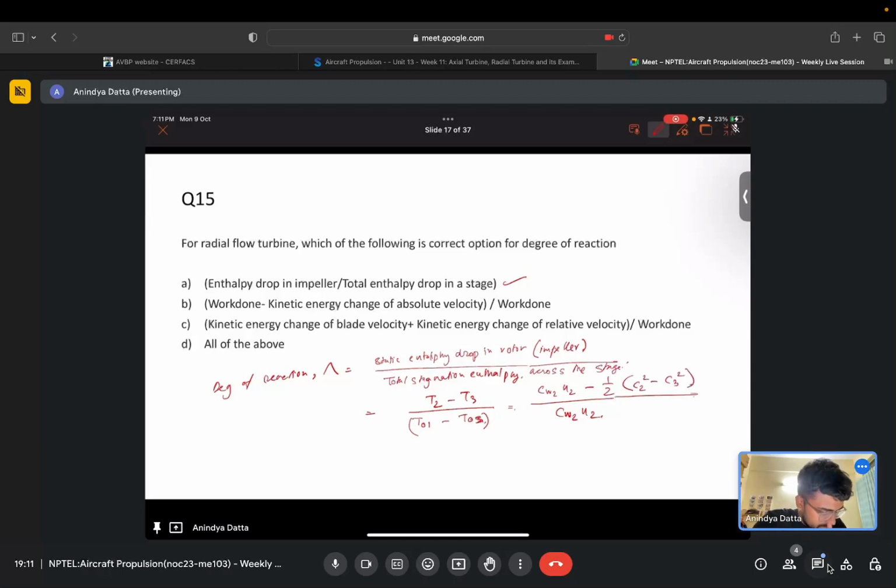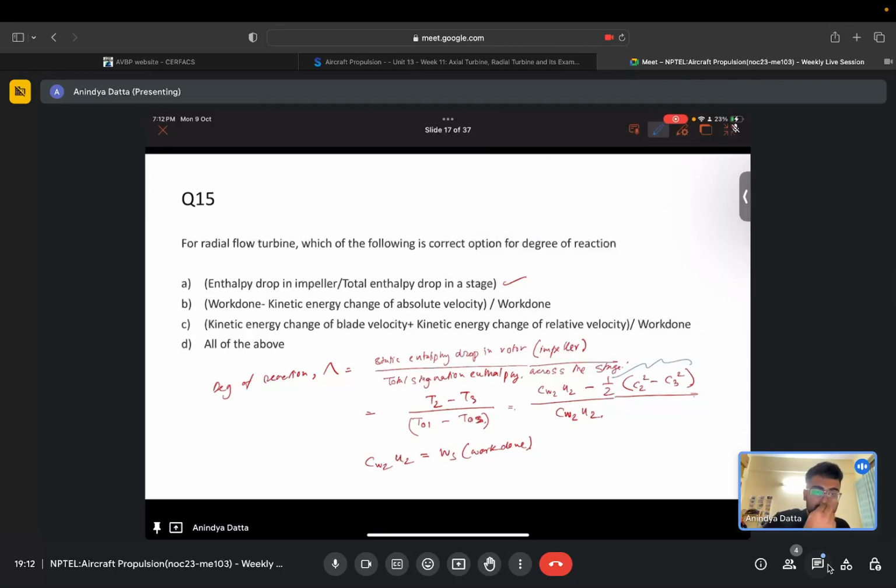Okay, and CW2U2 is equal to the work done.